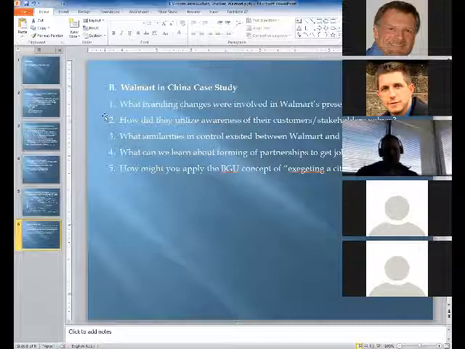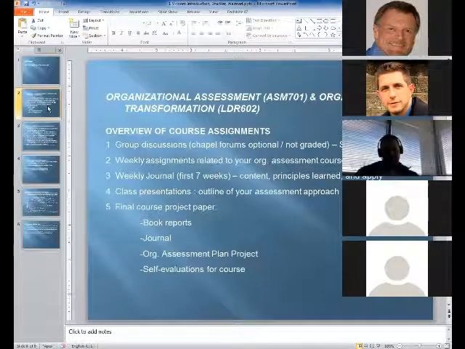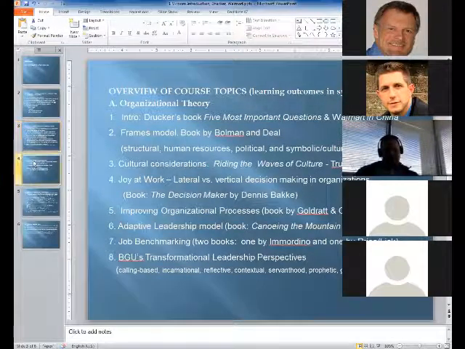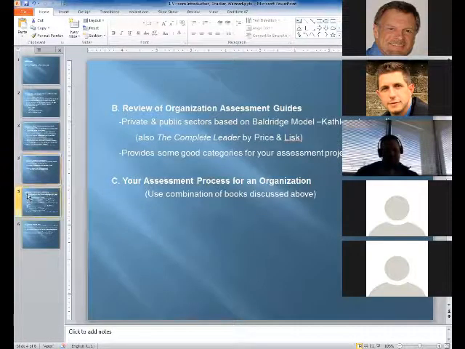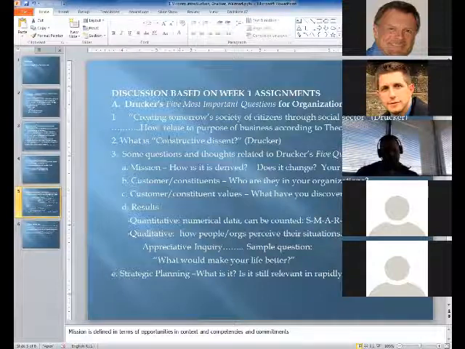One of Drucker's ideas is relating the organization to the environment, always asking, am I staying relevant to what's going on in my particular context?